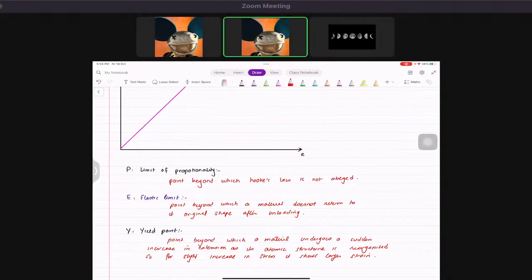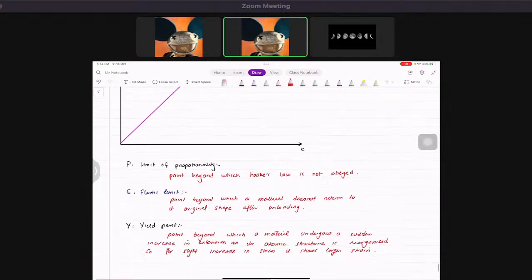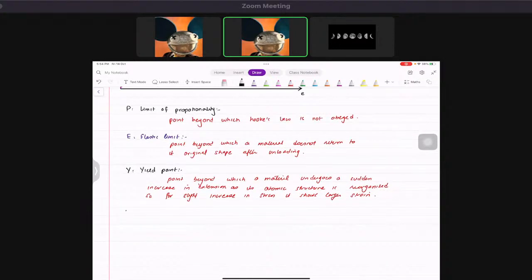Okay. Now you might see this point M. M is basically called the ultimate tensile stress. If it's compressive force, then it would be called ultimate compressive stress, but that's the same thing.